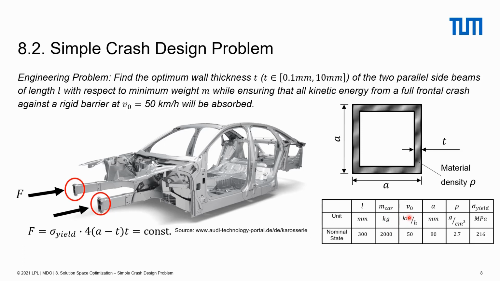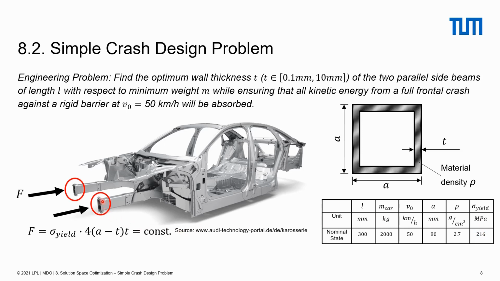The velocity at the beginning of the crash is 50 km/h, and the size of the cross section of the side bin A equals 80 mm. The density equals 2.7 gram per cubic centimeter, and the yield stress of the material is 216 MPa.